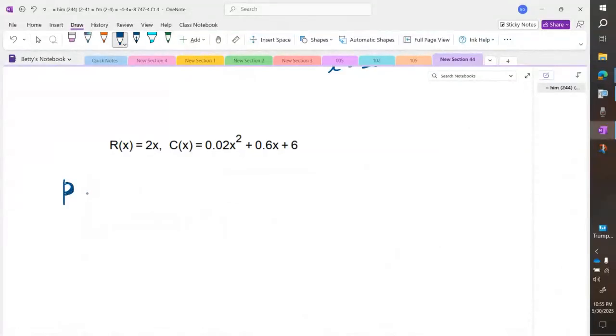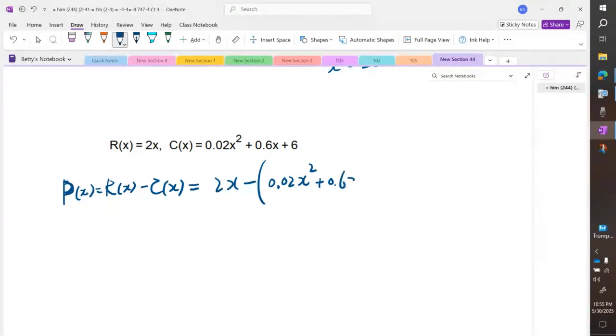Profit function, P, is revenue function minus cost function. Revenue function 2x, cost function is this trinomial 0.02x squared plus 0.6x plus 6.